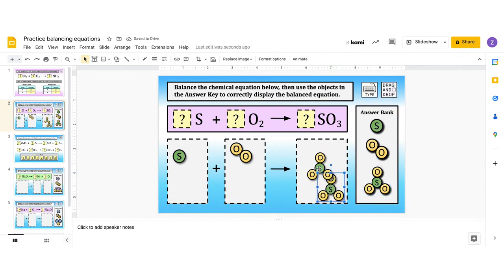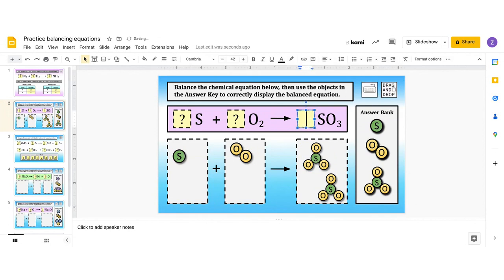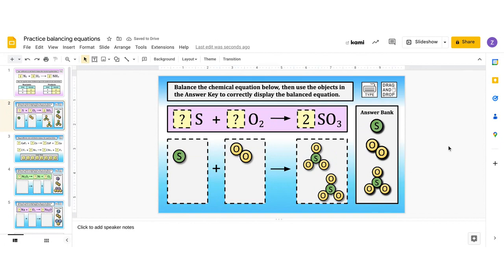There you go. So you got SO3 and SO3. Okay, now let's put a 2 in front of that SO3 up in the top there, the question mark. Now how many oxygens do we have overall in the SO3? You add all those up, how many? 6. So how many pairs of oxygens are we going to do so we can get to 6?